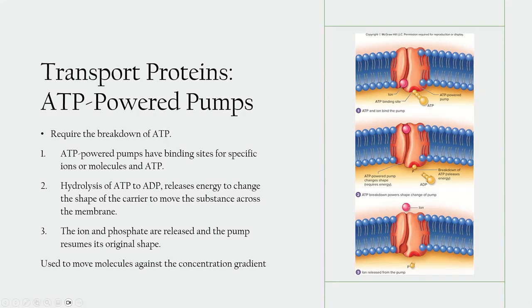And typically, like I said, this is used to move molecules against the concentration gradient. We'll probably talk about this in part 2, but molecules love to go from high concentration areas to low concentration areas. But what if the cell needs it to go the opposite direction, from low to high? It's like two rooms.